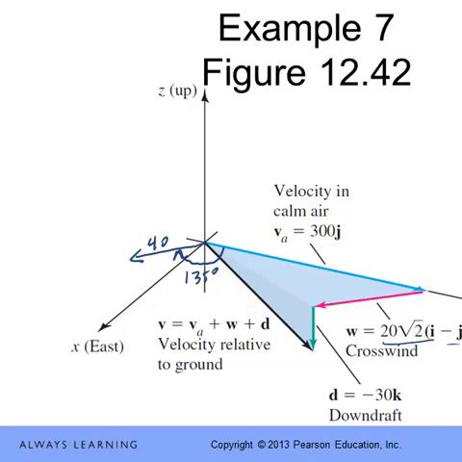Okay. So the vector for the crosswind can be written like this, where the 20 square root of 2 comes from taking the 40 times the square root of 2 over 2. That's where the 20 root 2 comes from.